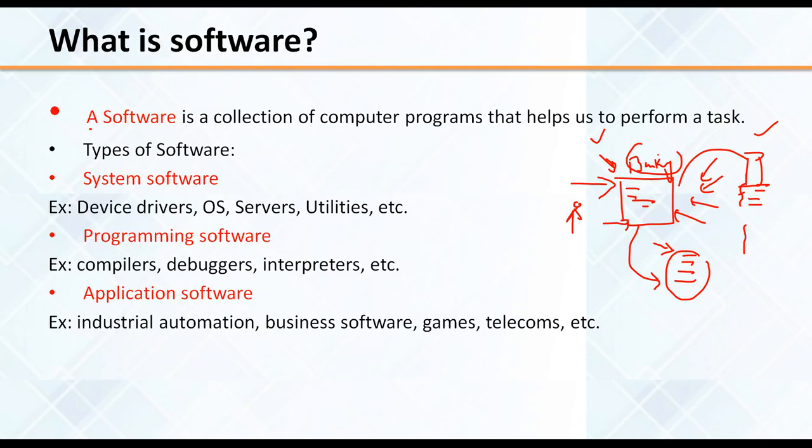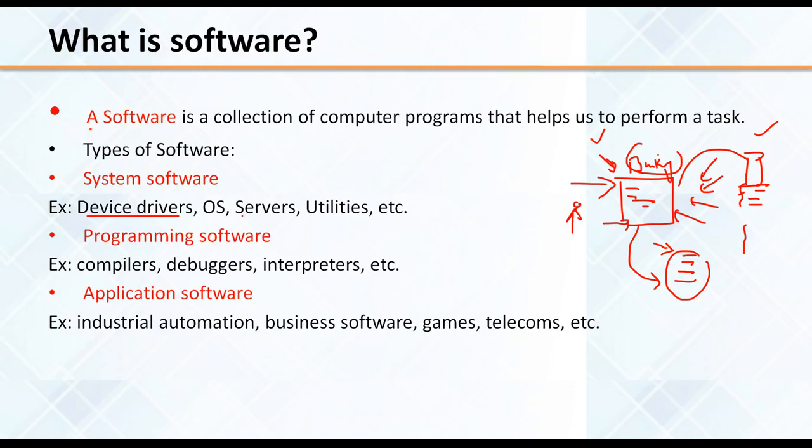And servers and device drivers. Device drivers means, for example, if you're connecting some device to your laptop, like a USB cable, keyboard, mouse or hard drive, certain drivers should be there in your system to work with those devices. Suppose you connect an external hard disk, immediately it will start installing some driver.